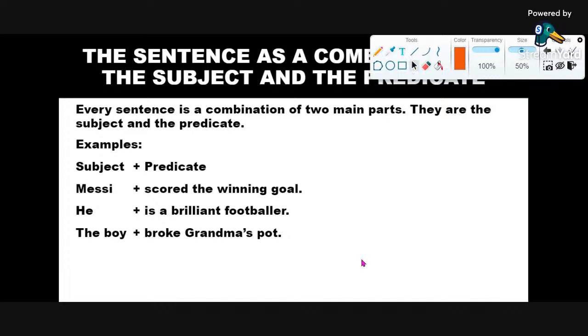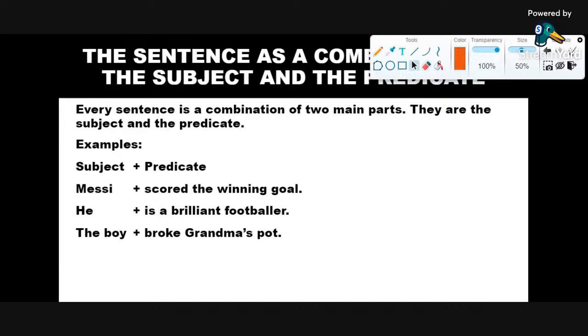And I want us to look at it closely, all right, and be able to analyze what this all means. Now, the subject Messi is who the sentence is about, okay? And the predicate, which is scored the winning goal, is what the subject did.